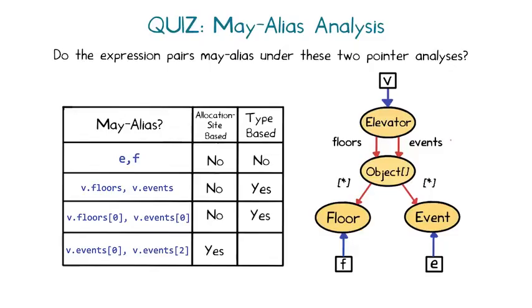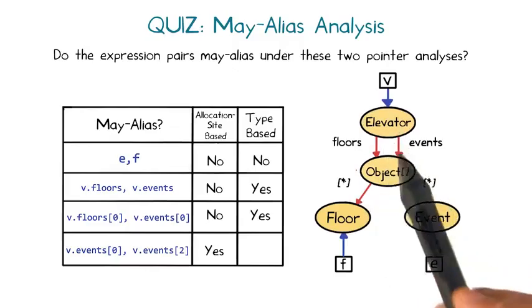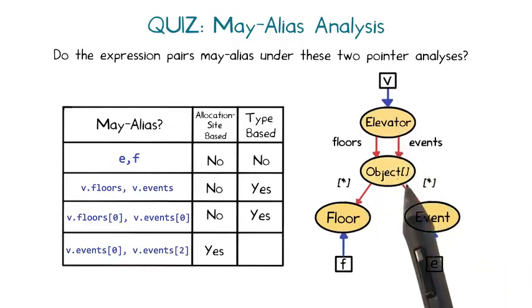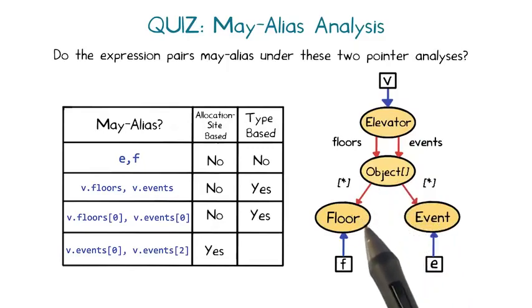Finally, let's look at whether v.events of 0 and v.events of 2 may alias. Again, following the paths through the points-to graph, v.events points to the object array node. And again, since we now have an array subscript to dereference, we take all arrows from this node labeled by an asterisk in parallel.